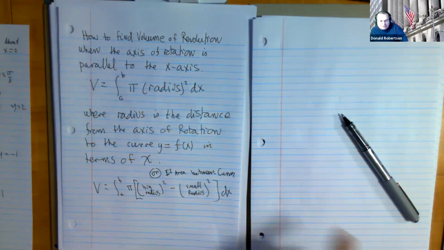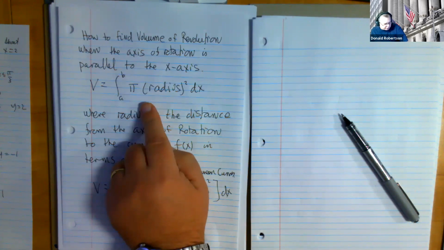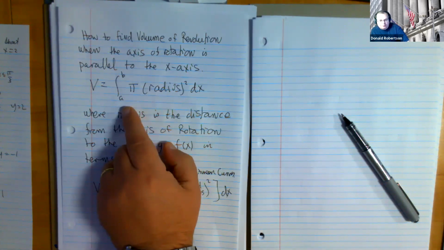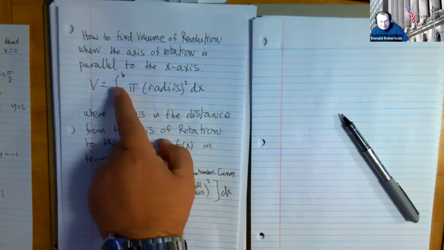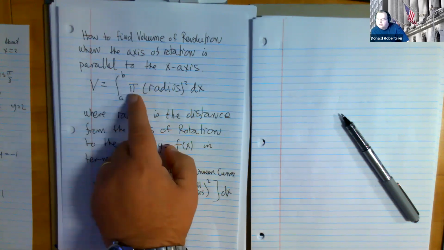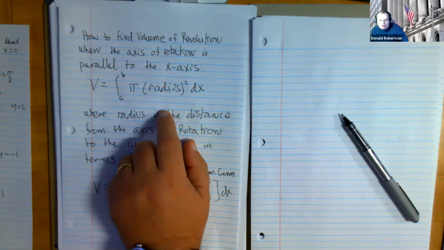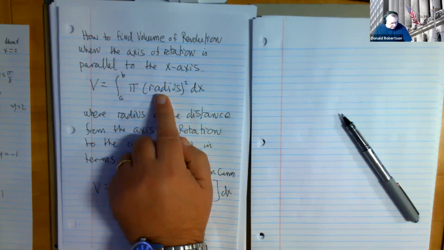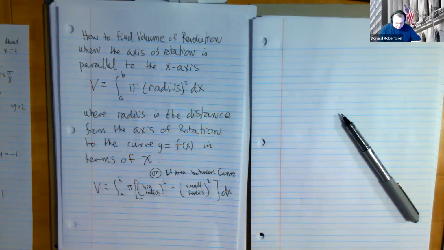Well, the generic formula for a single curve, which are the ones we're going to do right now, is the integral from a to b pi something squared. Now, that used to be just f of x squared, but that's going to have to be adapted because we're not going to be rotating about the x-axis anymore. We're going to be rotating instead about an axis that's parallel to the x-axis.